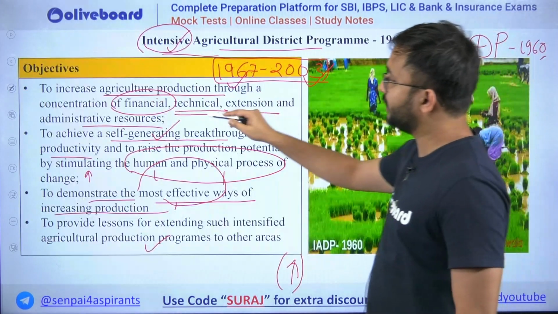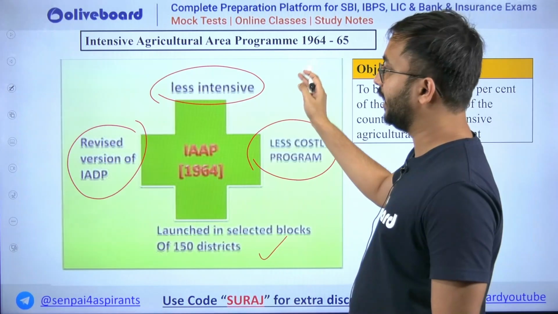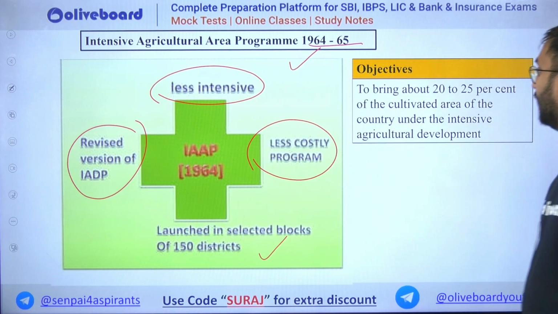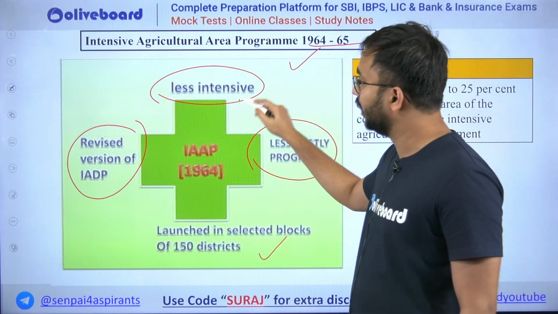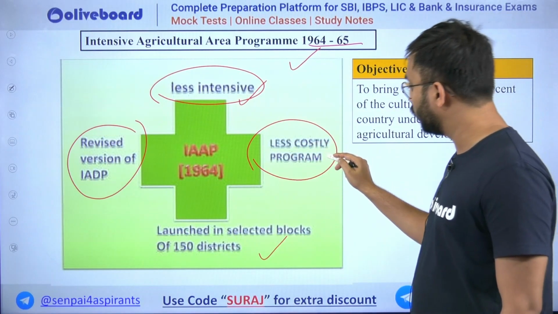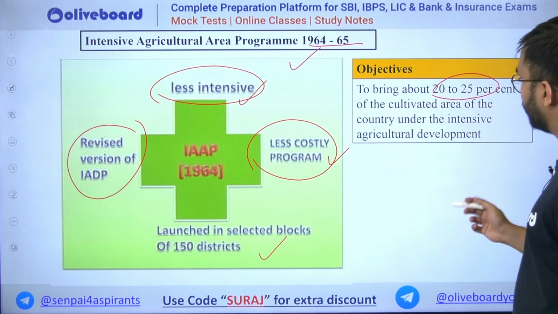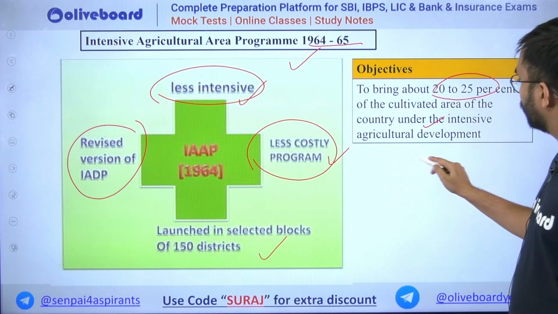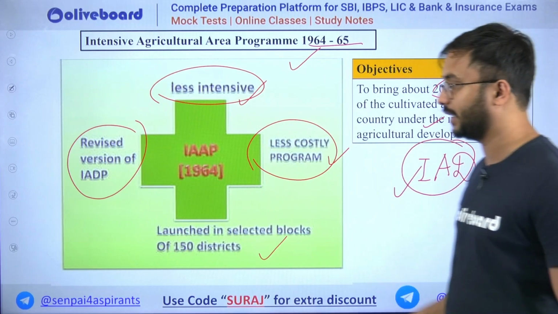So whatever the 1960s Intensive Agricultural District Program was, the second part of this was launched in 1964-65. Now here the objective was a little bit different, as here they wanted to reduce your inputs and make the program less costly. So to bring about 20 to 25% of the cultivated area of the country under intensive agricultural development. So under intensive agricultural development we tried to bring the overall cultivated area.